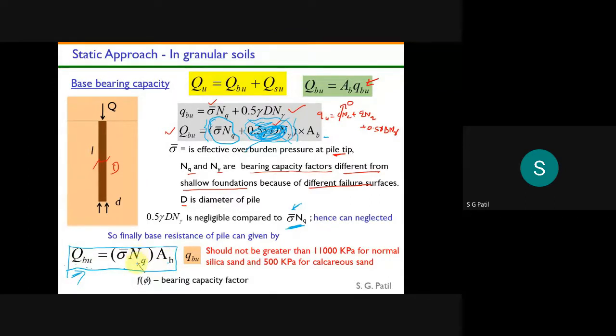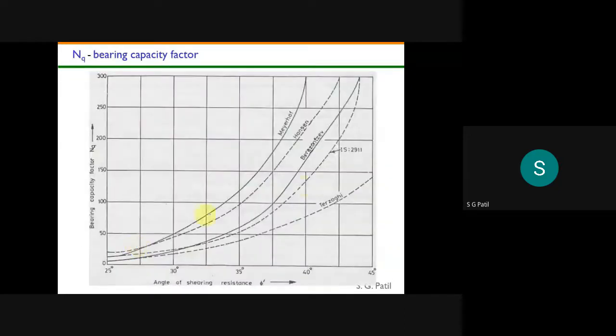So this NQ is the bearing capacity factor, and it depends on the phi value, that is your angle of internal friction. In IS 2911, we have a graph between the phi value and the NQ value. So you can get the NQ value from that graph. Here you see this is the graph. We will stick to IS 2911. Different authors have given different curves here. This curve is given by Terzaghi, Meyerhof, Hansen.